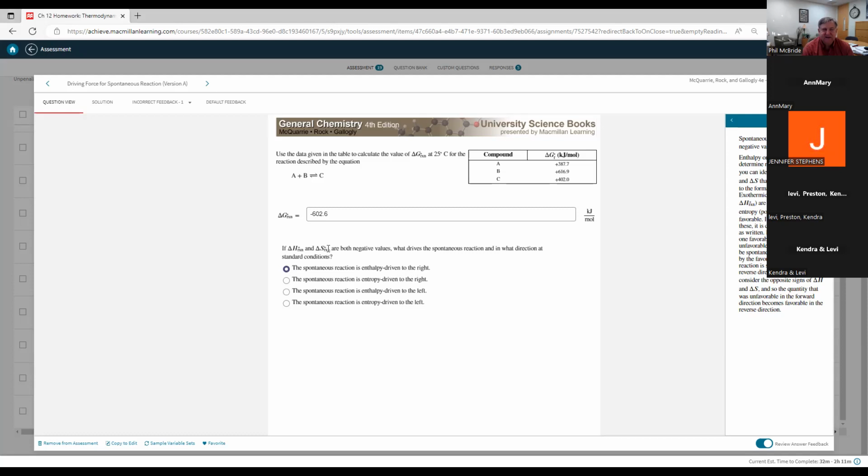But delta S is negative, which is entropy, which means it's going to more order because we're going from disorder to order. So entropy is driven to the left.